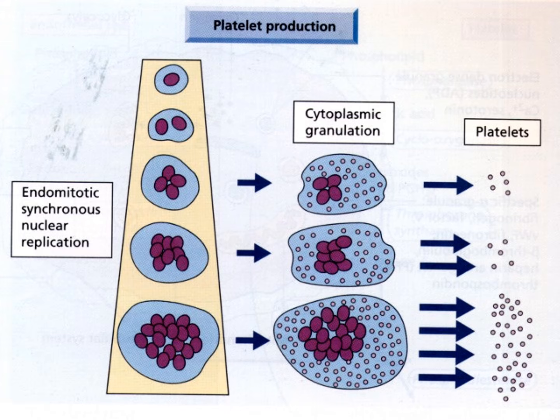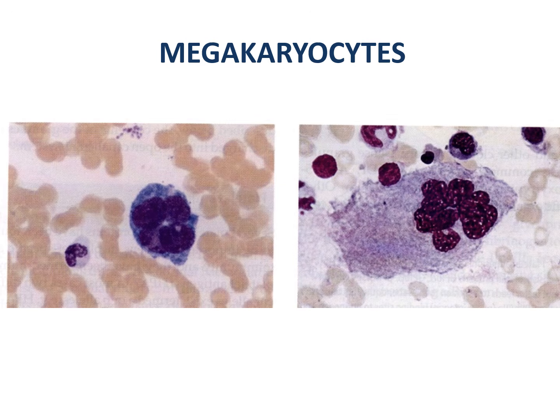As a result, the nucleus of the megakaryocyte becomes very large and lobulated, which under the light microscope gives the false impression that there are several nuclei. Okay, so this is one single nucleus that gives the false impression that there are several nuclei. This is the structure of the megakaryocyte under the microscope that you can see.